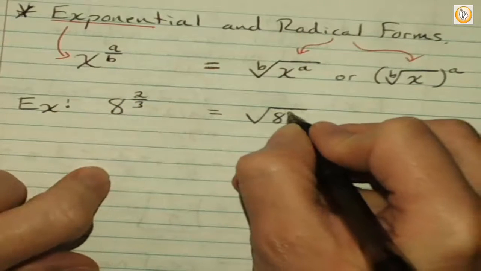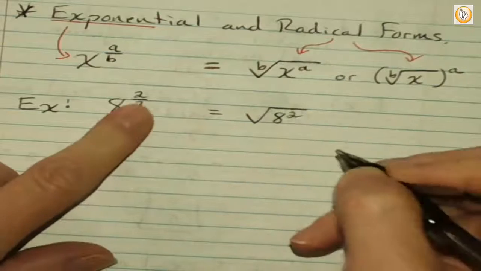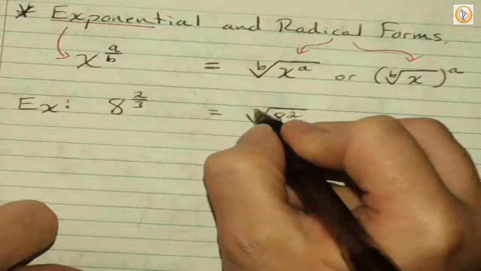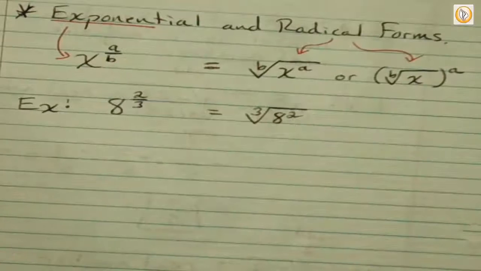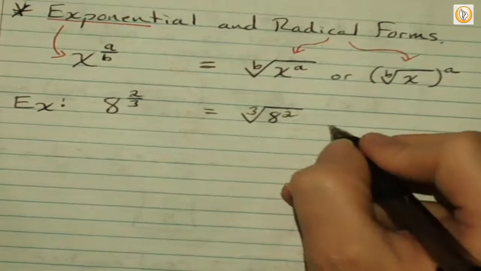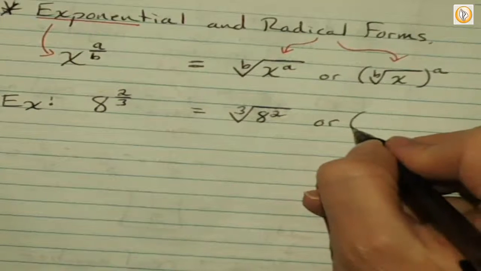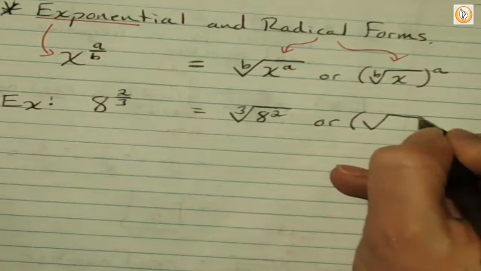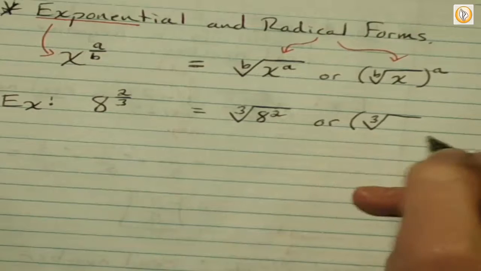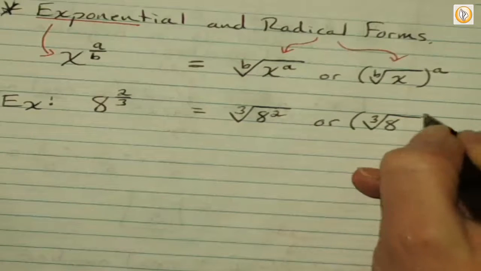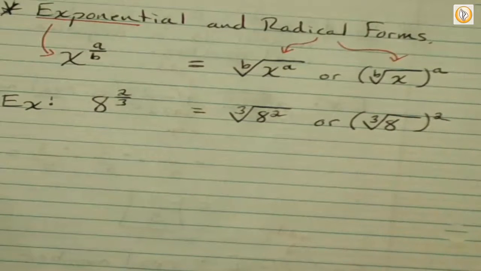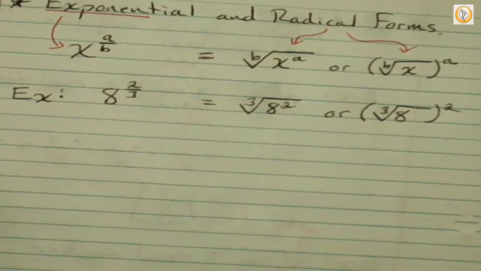It's the exponent for the 8. And then the 3, which is the denominator, it goes in the check mark. How would you solve? You don't need to worry about that right now. Or you could write it in parentheses with the 3 in the check mark, 8, and then 2 on the outside. It will be the same thing.